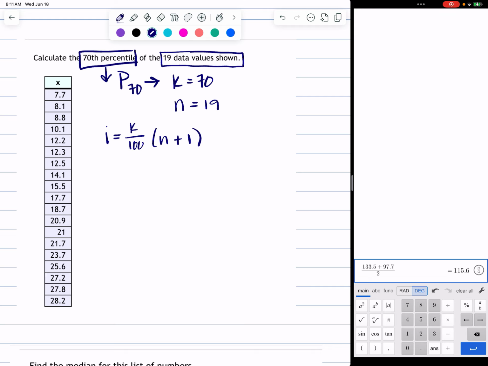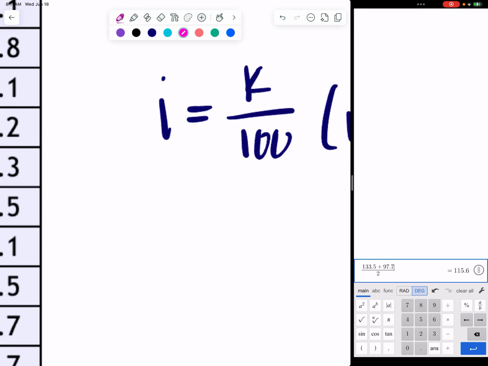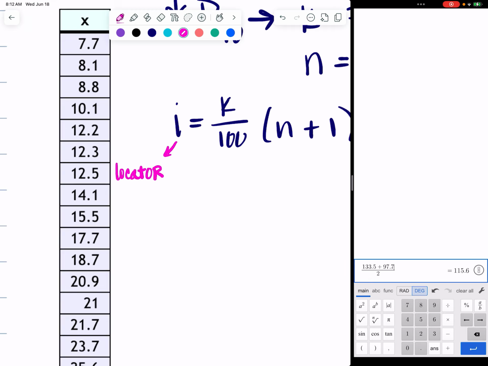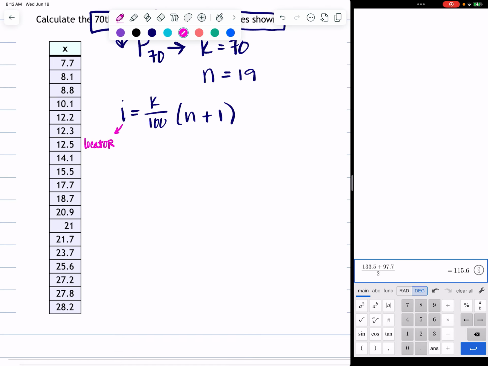Now, please, please, please keep in mind that I is a locator. It's like a seat number at a concert. It is super easy to plug in K and N and do the math and think, sweet, I'm done. But you're not. That just tells you which number or which seat to go pull the person out of.